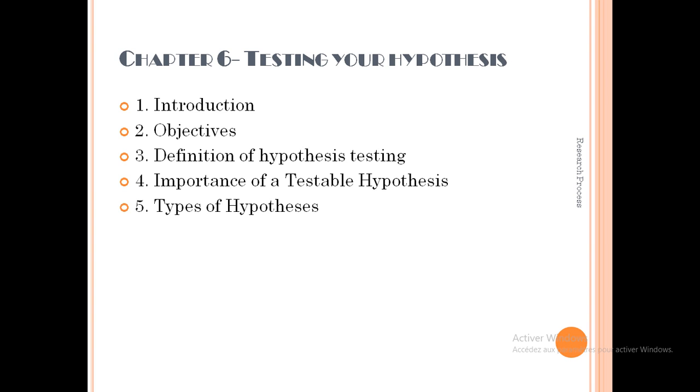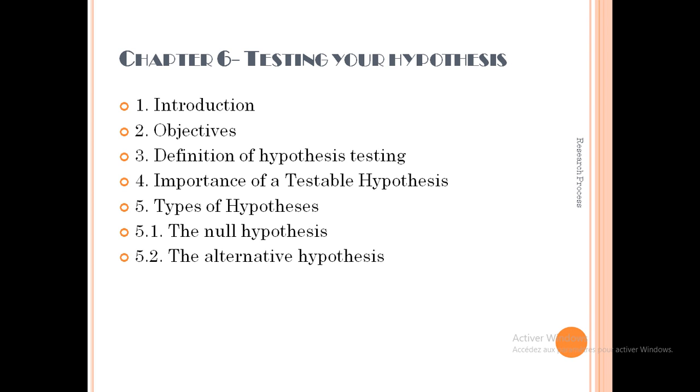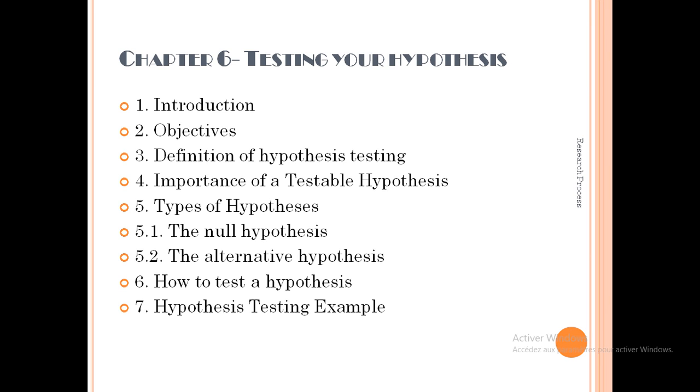What are the main types of hypotheses? For example, we have the null hypothesis and the alternative hypothesis. Then how to test hypotheses, and we'll be given an example of hypothesis testing in order to make you understand the whole process, how to start and how to end.